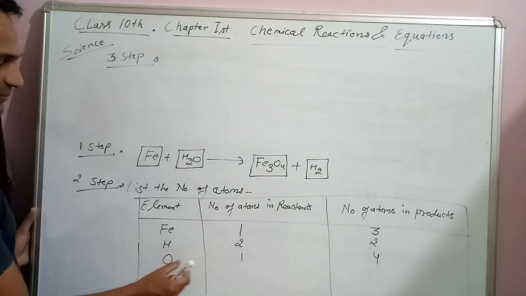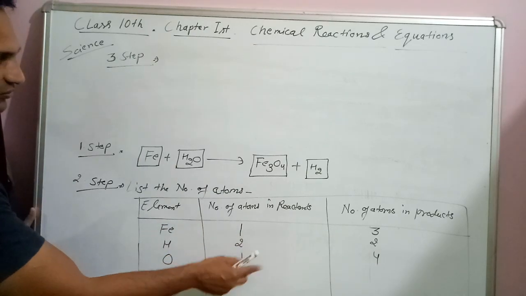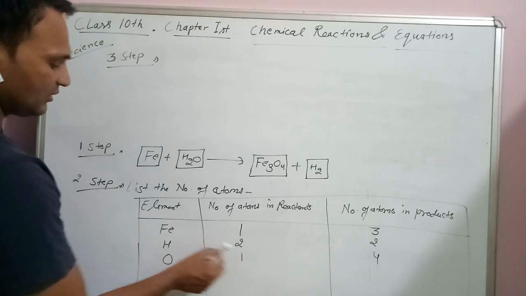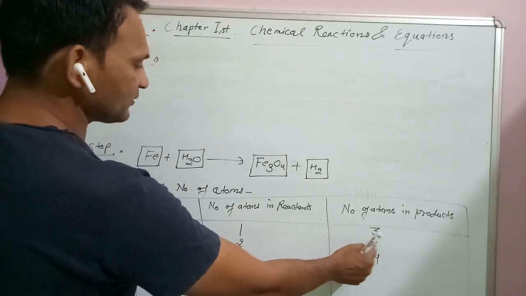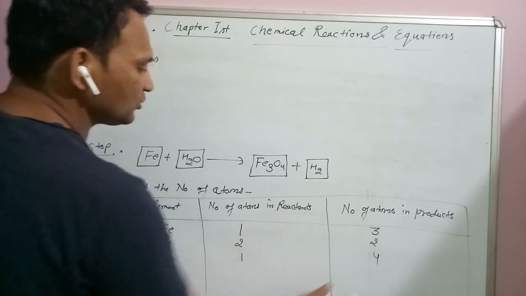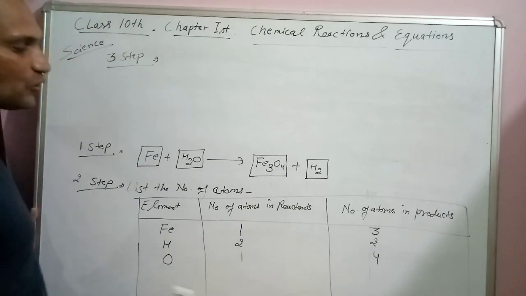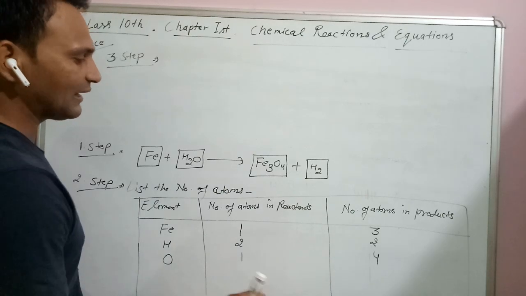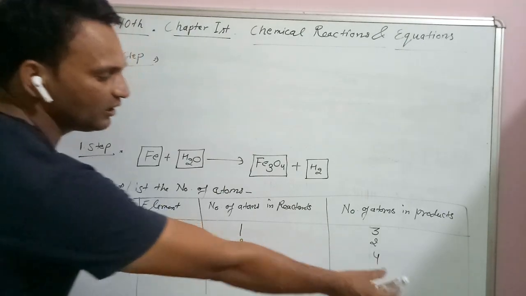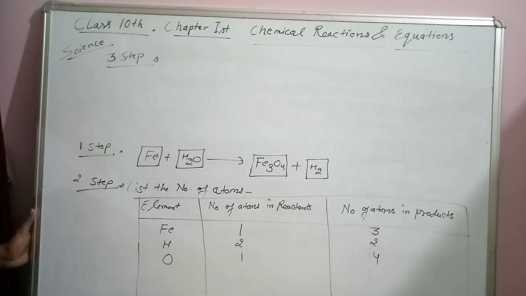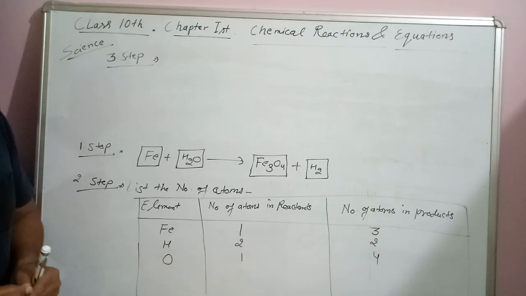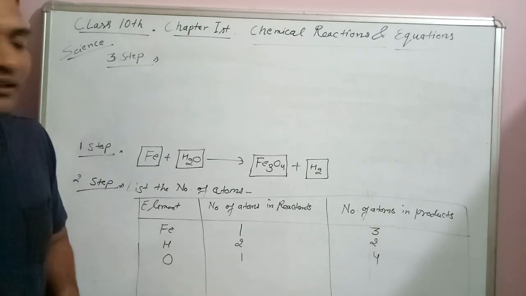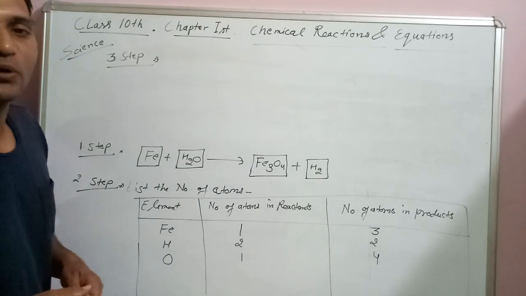In this table we have Fe 1 and 3, hydrogen 2 and 2, oxygen 1 and 4. So here we find that oxygen is the element having the largest number of atoms, present on the product side. So in the third step, we take the element having the largest number of atoms in the reactants or products and balance it first.